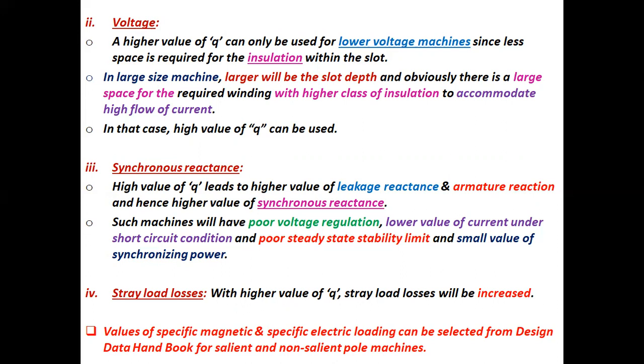Stray load losses. With a higher value of Q, stray load losses will be increased. Values of specific magnetic and specific electric loading can be selected from the design data handbook for salient pole and non-salient pole machines.